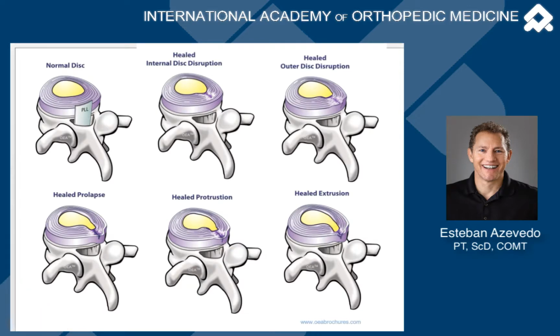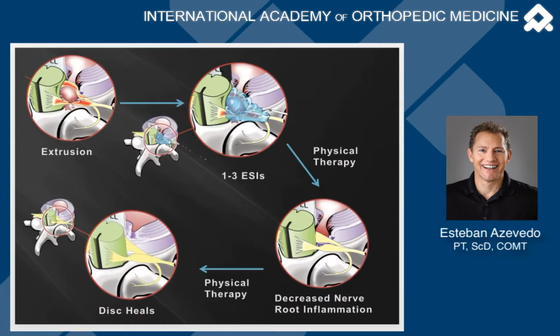So here's what I recommend: if you have some kind of disc pathology and you think you need an injection, get your injection from your pain management physician, but start physical therapy. I like to start it a little bit before the procedure, unless it's an extrusion where you're just in severe pain and can't do anything. But if you could start beforehand, start getting strong, learn some techniques that you can self-manage your symptoms, then get 1 to 3 epidurals, depending on what kind of disc pathology it is.